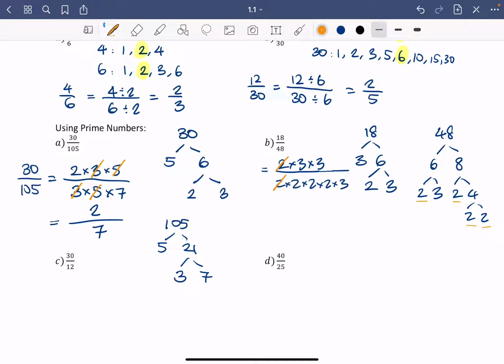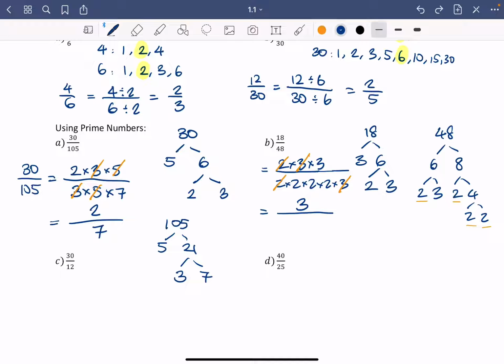Okay? What else do we have? We have a 3 on top, we have a 3 in the bottom. So we can cancel the pair of 3's. And now what's left? The only number left on top is 3. And the numbers left in the bottom are 2 times 2 times 2.